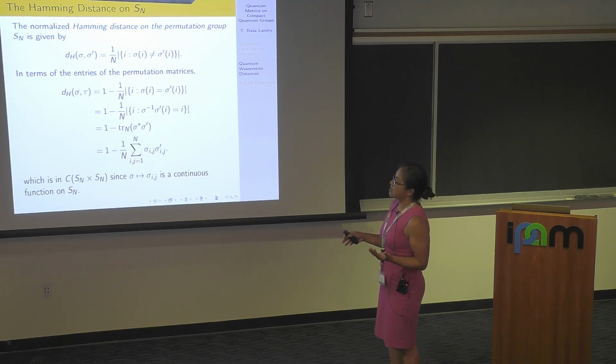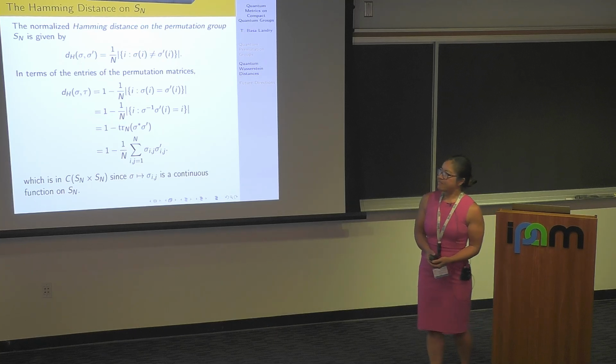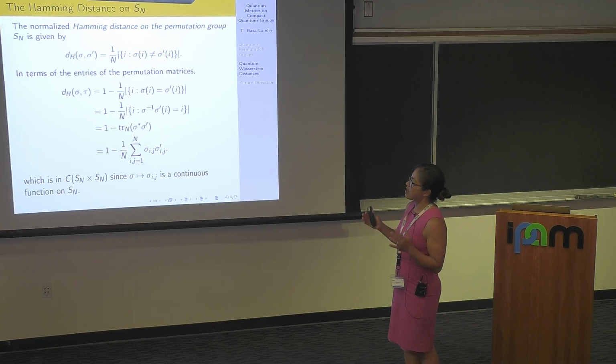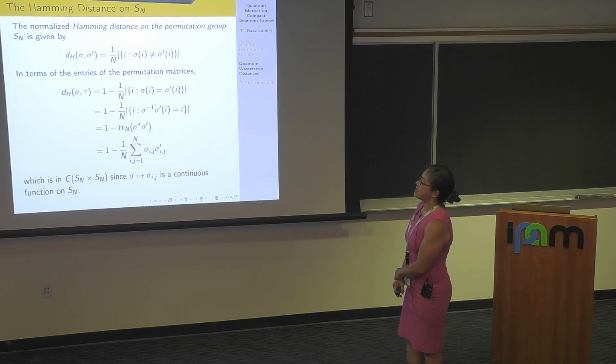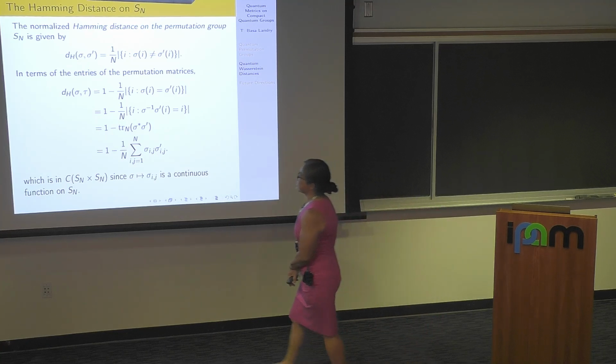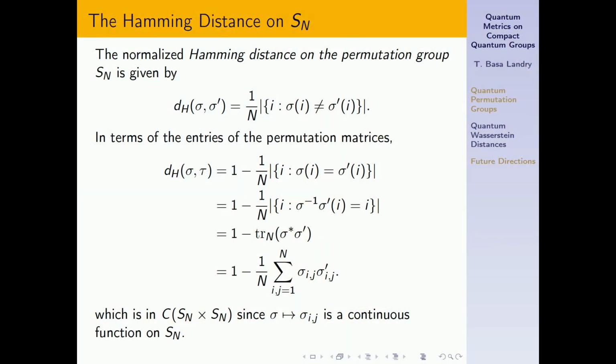The Hamming distance on the permutation group measures the number of elements in the endpoint set on which two different permutations might differ. In terms of the entries of the permutation matrices, you could rewrite it in this way.